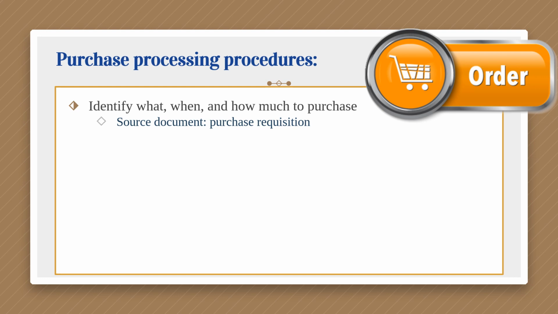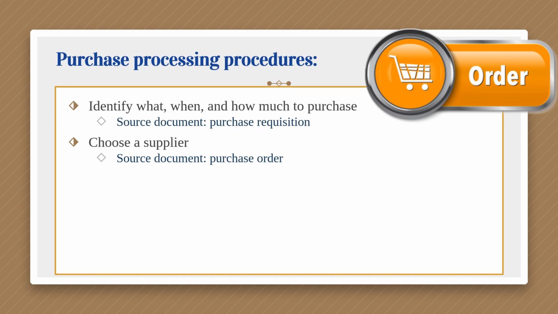Normally, if we use a basic system, there is a form that should be filled out by other departments, like production or administration, for the warehouse department. Sometimes we have what we call a procurement department, whose main function is to manage the purchasing process.